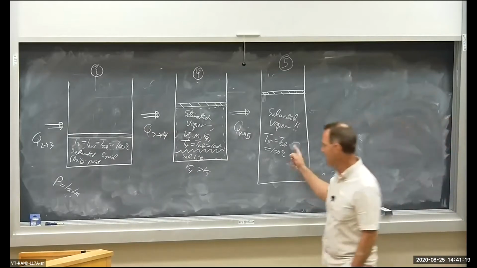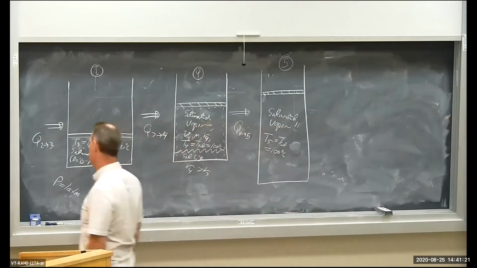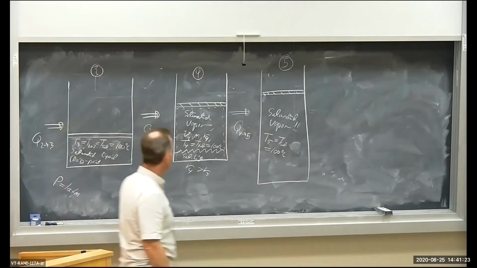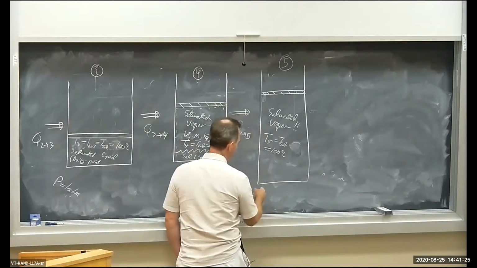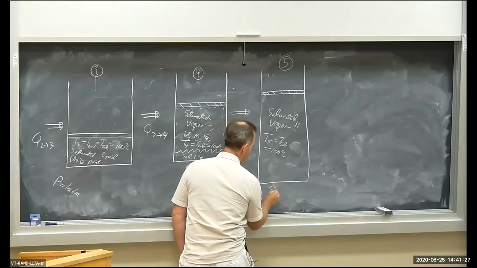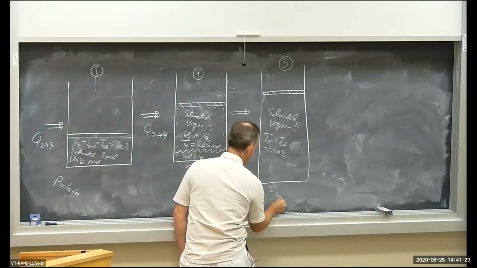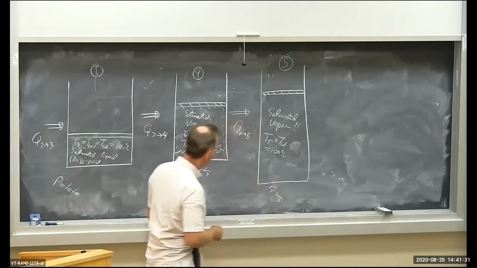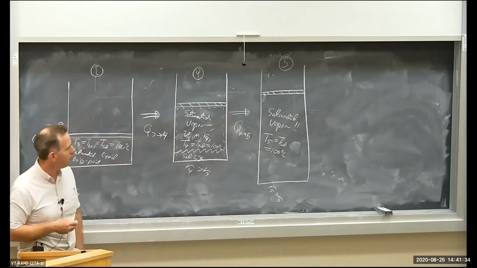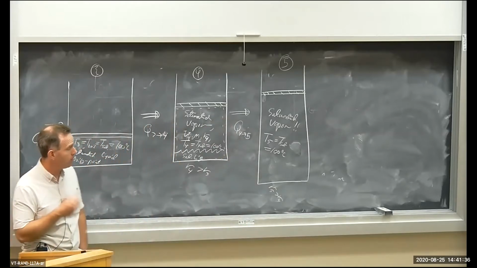T saturation means boiling temperature, okay? And note that the piston has gone up, so the specific volume at state 5 is greater than the specific volume at state 4. So it's expanded more because we boiled away all of the liquid.